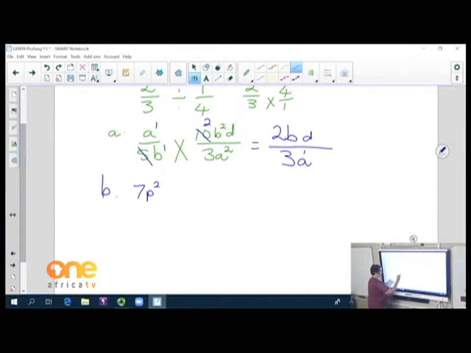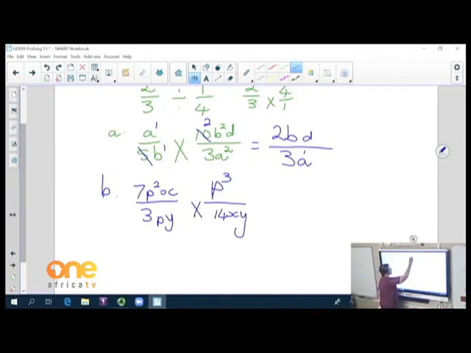Right? Number B: 7p squared x over 3py. And because I divide, I multiply with a reciprocal. I immediately turn this one around now there. Right, so what can cancel? 7 divides into 14 twice. So it means the number is 1 over 6. Now the indices.